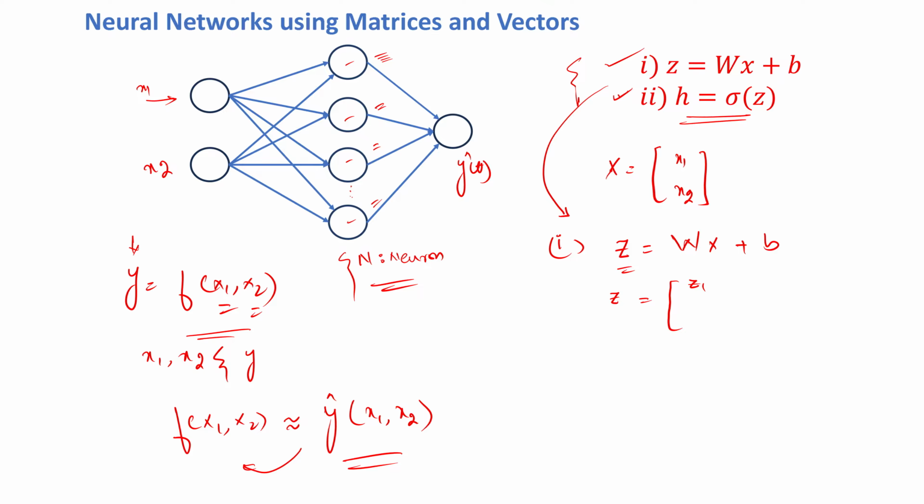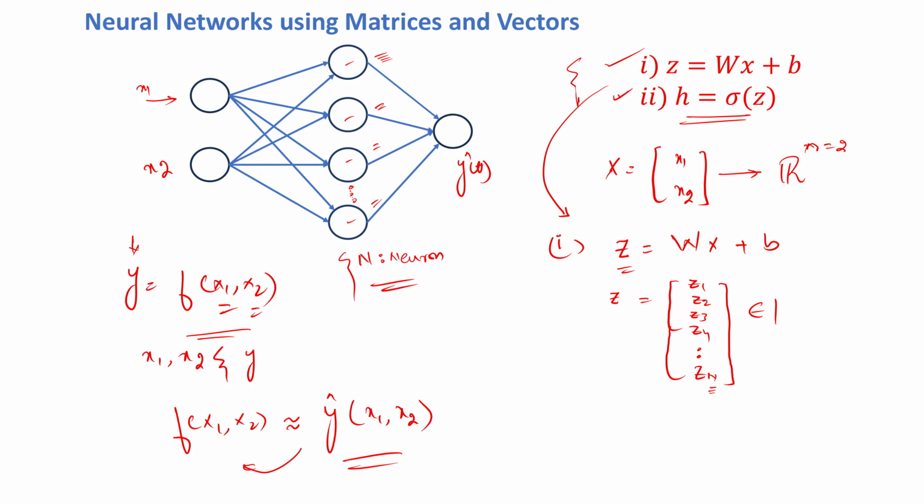So z1, for this case we have 4 neurons, so it will be z1, z2, z3, z4, and if there are n number of neurons, let's say there are so many neurons over here, so this will extend to n, because linear combination is performed for each neuron, so this will depend on the number of neurons. X, we already defined this, its dimension is n. We can write it as a small n, which is equal to 2.